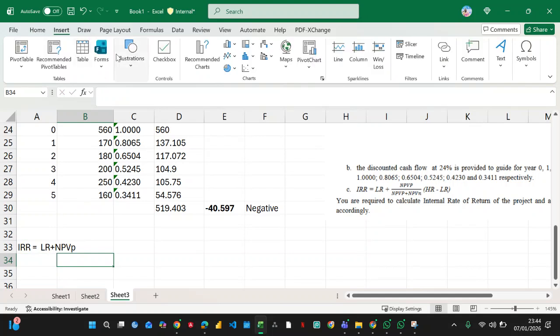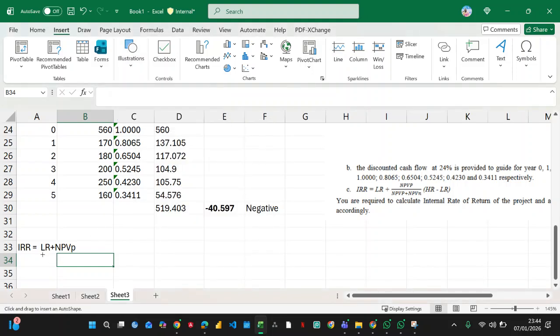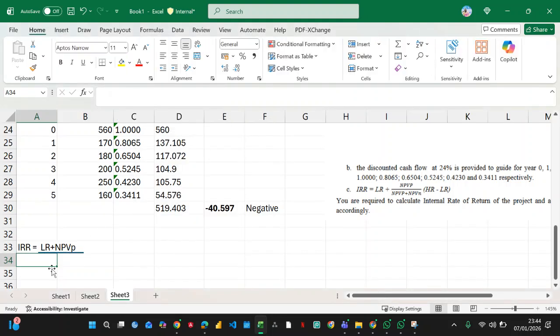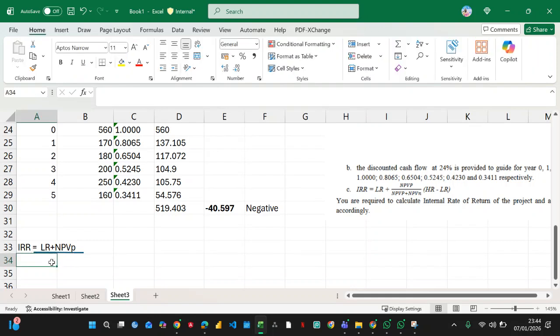Yes, I now see it too. So we now have that, and we divide it by NPV positive plus NPV negative. Let's just use the symbol sign. NPV positive is the first value we got.